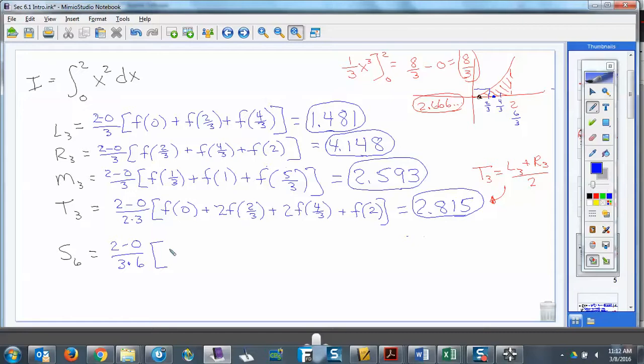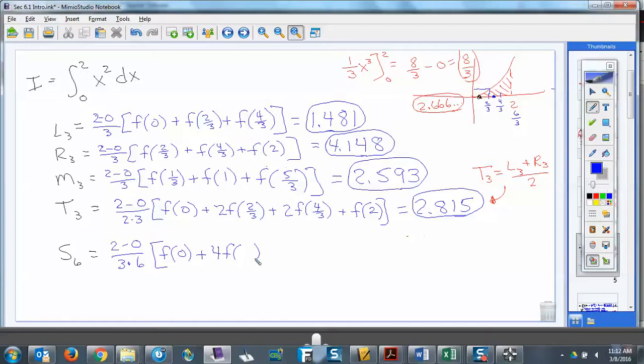So now what do we got? We got F of 0, the far left edge, plus 4F of, now say it. 1/3.